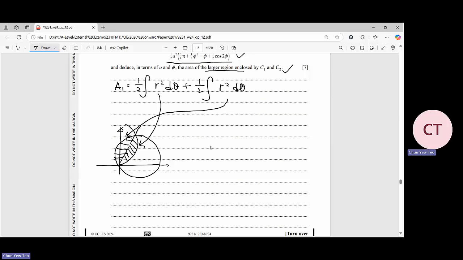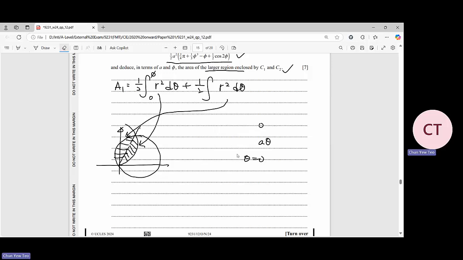So for the spiral, theta goes from 0 until theta equal to phi, and then we use r equal to A theta over here.